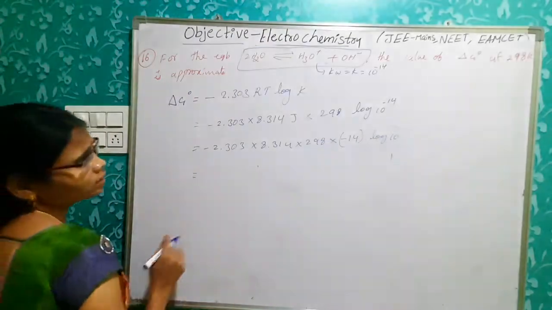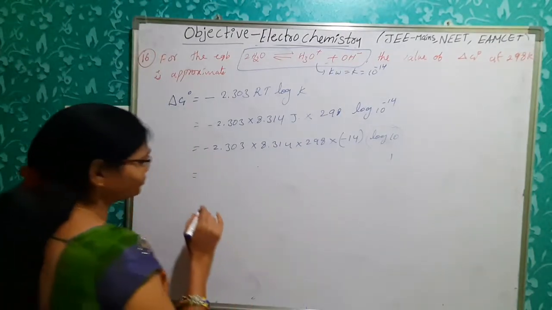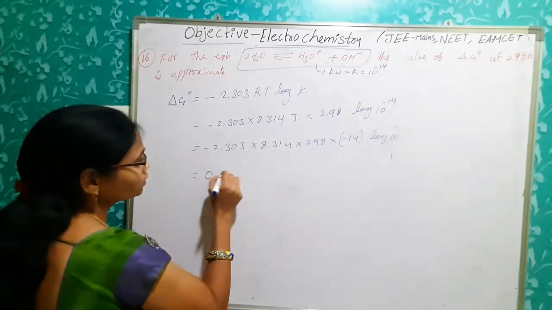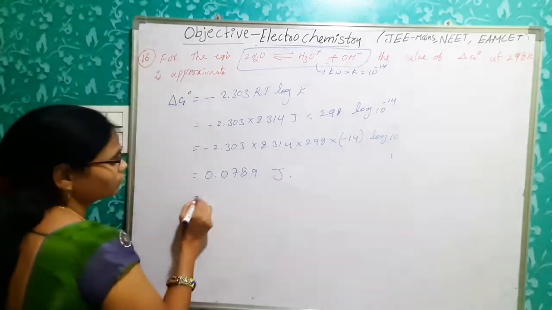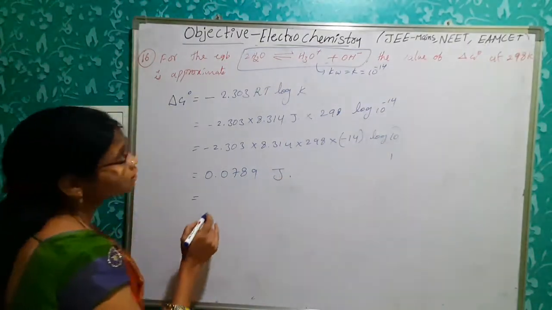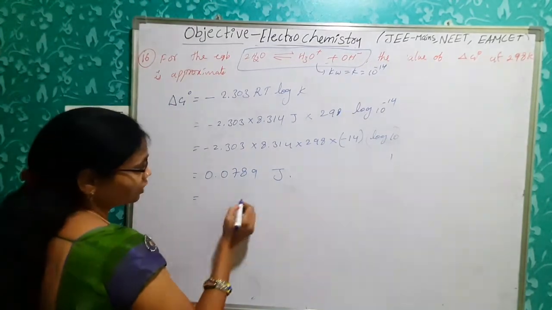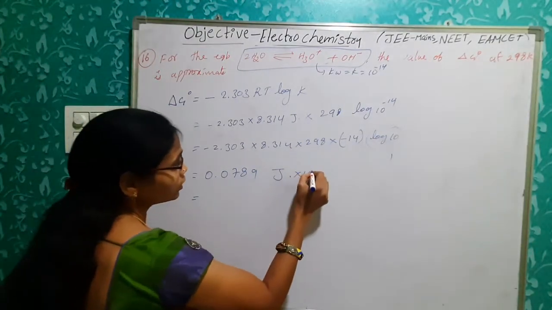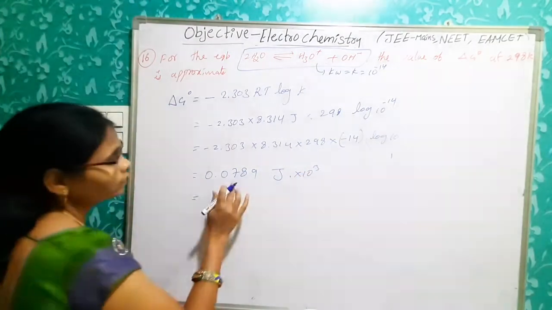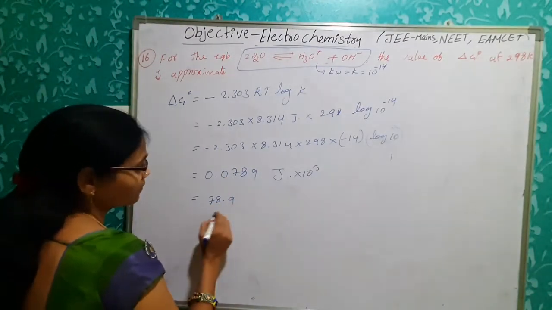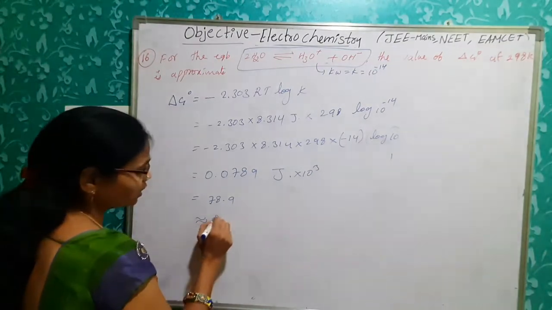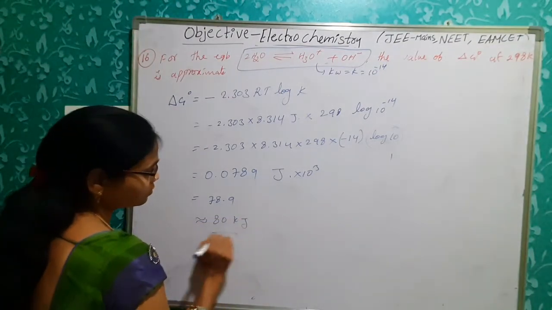So by multiplying this value we get 0.0789, but he asked in kilojoules. So then simply kilojoules means multiply by 10 cube. Okay, means 78.9, so that is approximately 80 kilojoules.